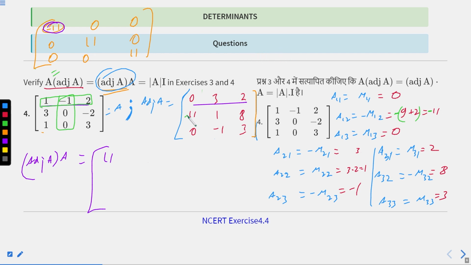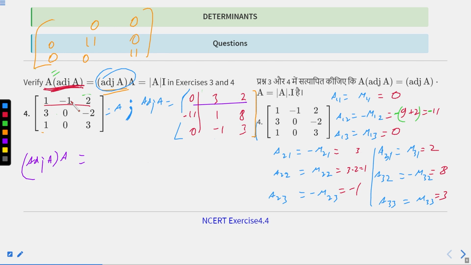If it is minus 11, then I have to once again evaluate it. Sorry for the inconvenience. So let me once again find this thing, adjoint A multiply with A. So this going to multiply with this.